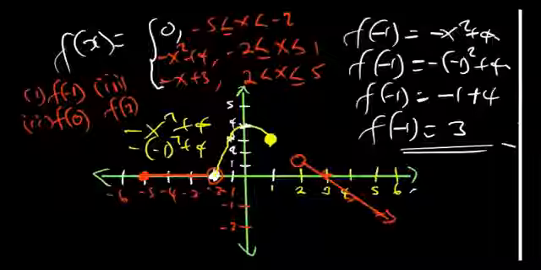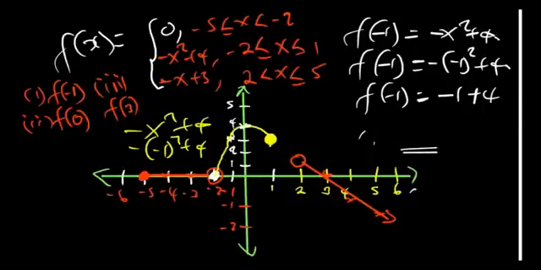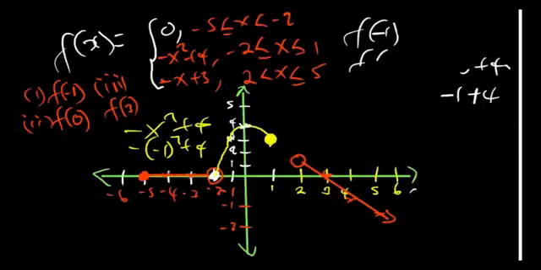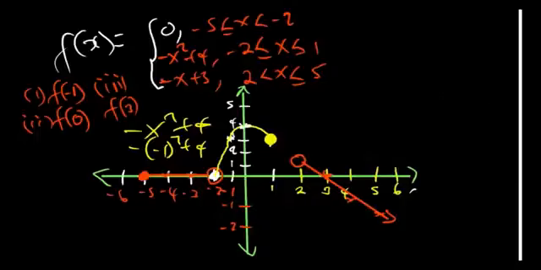Okay. Now what of f of 0? Which one are we going to get? Let's check the first one. The first one is saying from negative 5 all the way to negative 2. 0 is not in that range.